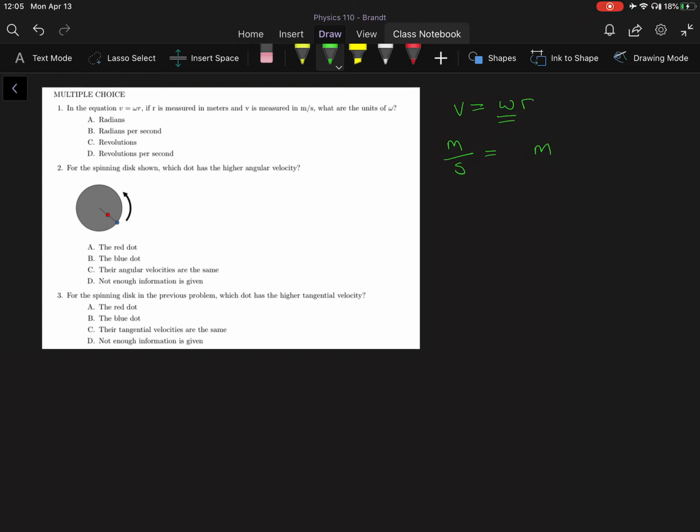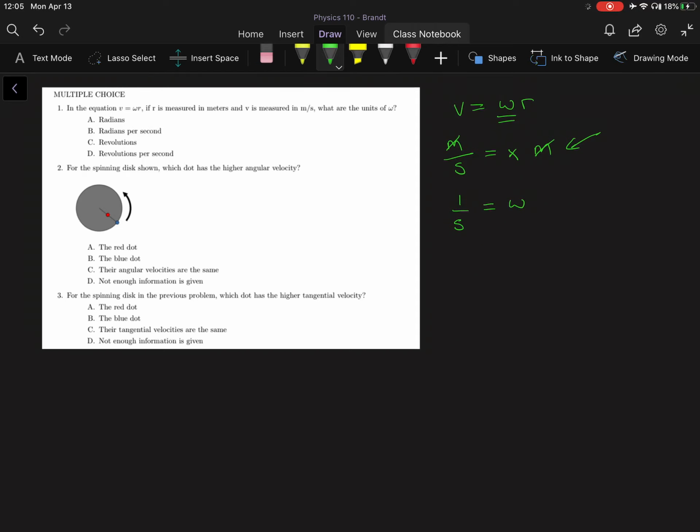So in order to get meters per second on this side of the equation, we need something in here for our variable that's going to give us meters per second. Well, if we already have meters, those meters are going to cancel, so we know that that variable has to be 1 over seconds.